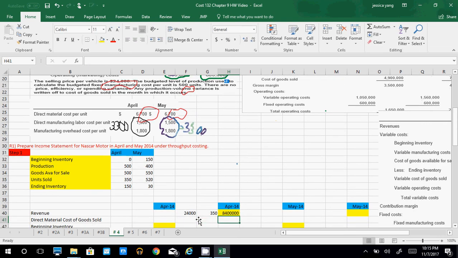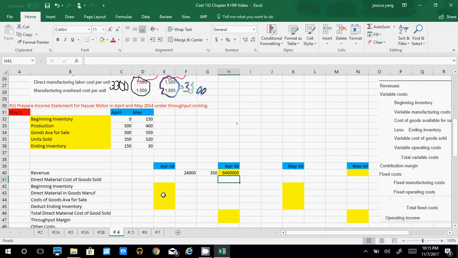Revenue of $8,400,000 is derived from multiplying the $24,000 selling price by 350 units sold. For beginning inventory, there are 0 units in April, so zero.